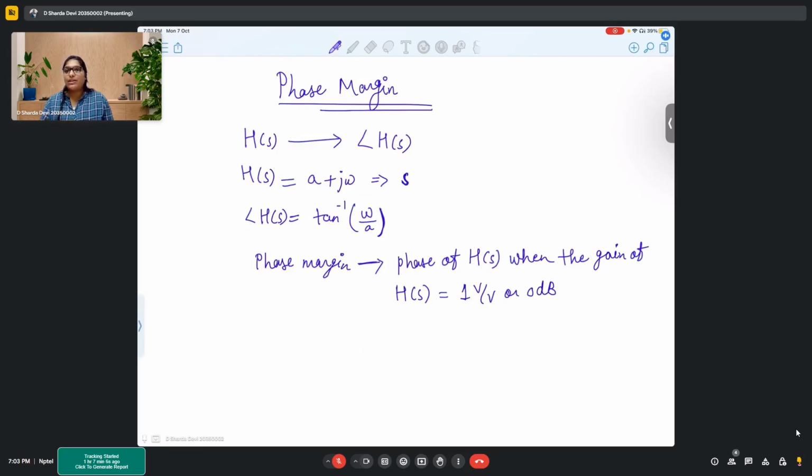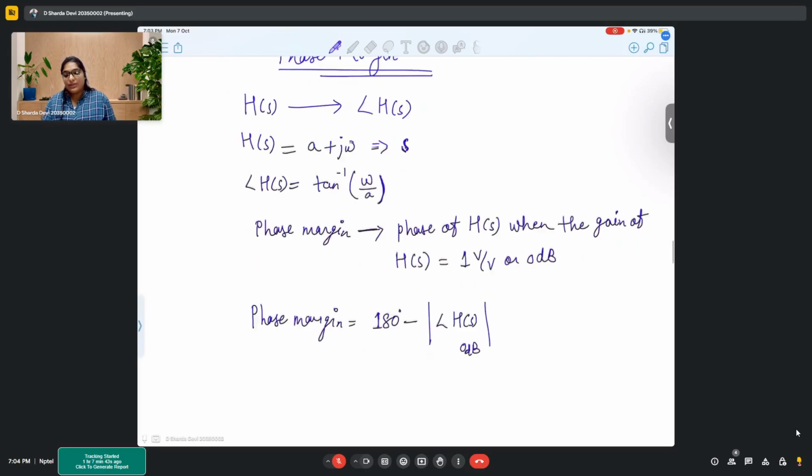The frequency at which your gain is 0 dB, at that frequency you find the phase of the system, and then you find the phase margin. So phase margin is basically 180 degrees minus the phase of the transfer function at the 0 dB frequency. This is how we find the phase margin.